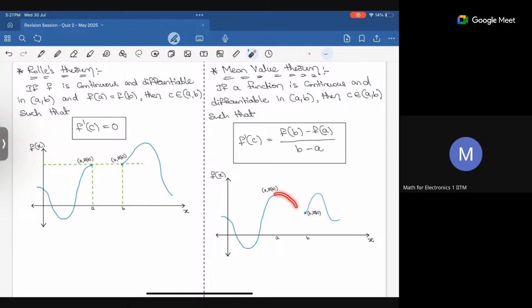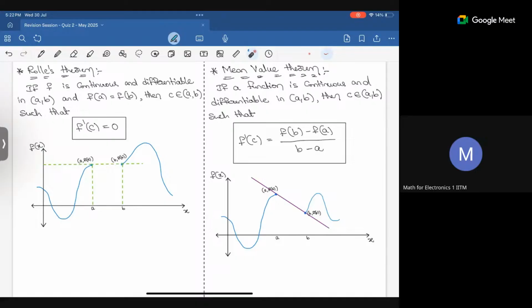All we are saying is, no matter how you connect these two points smoothly, if you draw a straight line connecting these two, the mean value theorem states there will always be a point where, when you compute the slope at that particular point, the tangent line slope, it will be equal to the slope of the line joining these two.